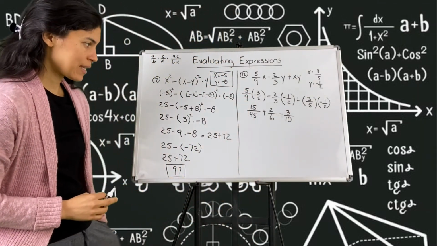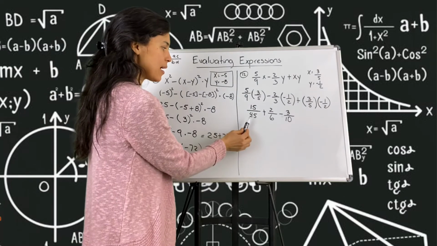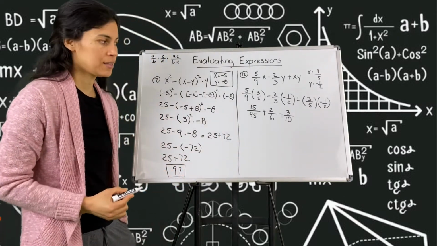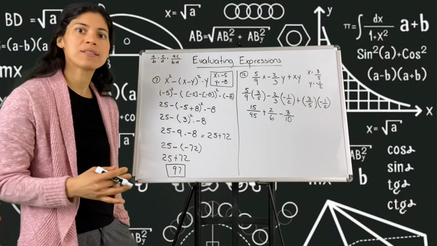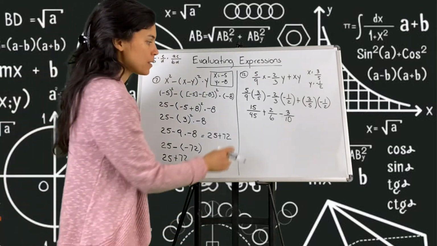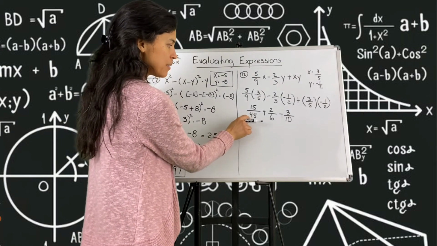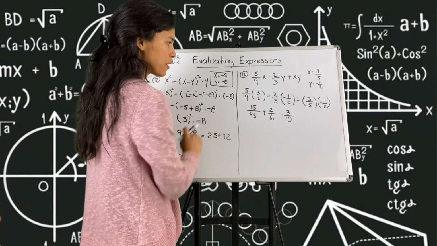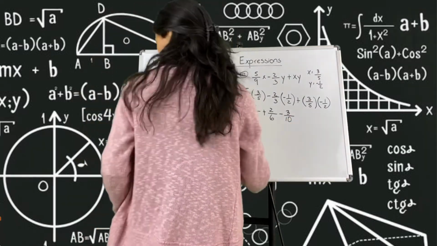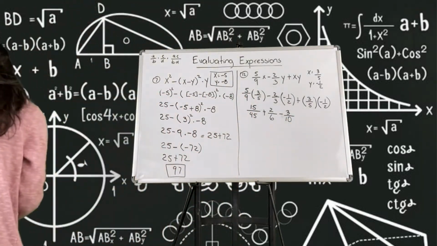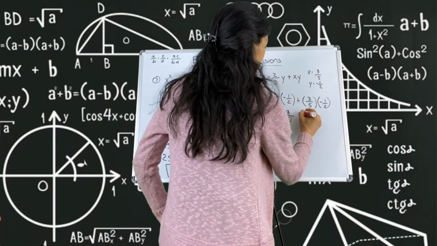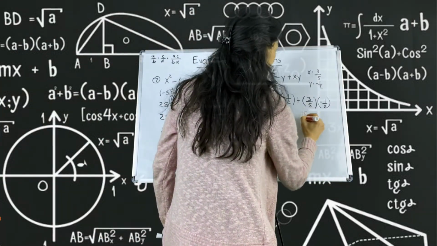If you notice here, I can simplify these fractions. If I simplify, it will be easier to work with because I don't have to multiply big numbers or add or subtract big numbers. So I like to simplify. Let's simplify 15 over 45.